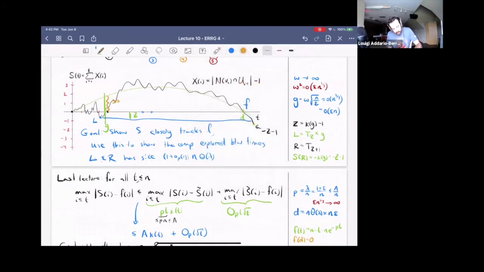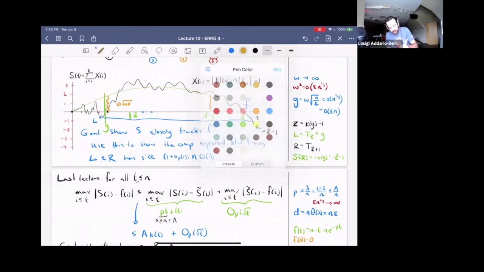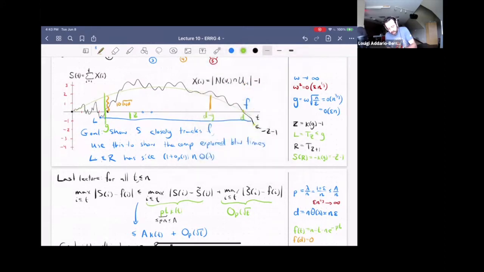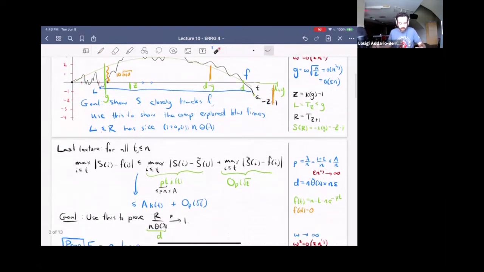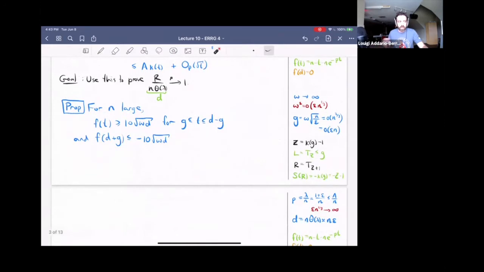This is bigger than 10 root omega d, and that's true all the way up to the time d minus g, which in my drawing, d minus g and g look big, but really this gap here is small compared with the total length of the interval. And on the other hand, by the time d plus g over here, we're at the same negative distance away from this line.